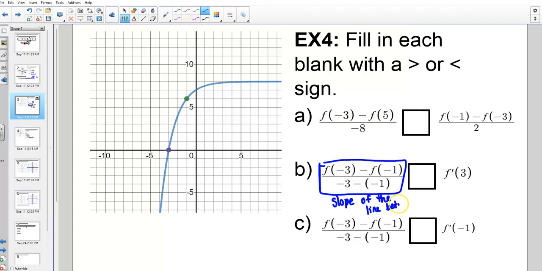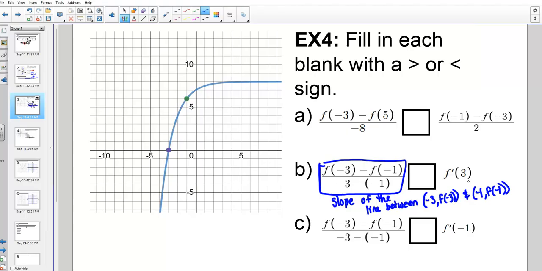between negative 3, f of negative 3, and negative 1, f of negative 1. So it's just a slope formula. Those f of negative 3 and f of negative 1 are y coordinates, and negative 3 and negative 1 are x coordinates.